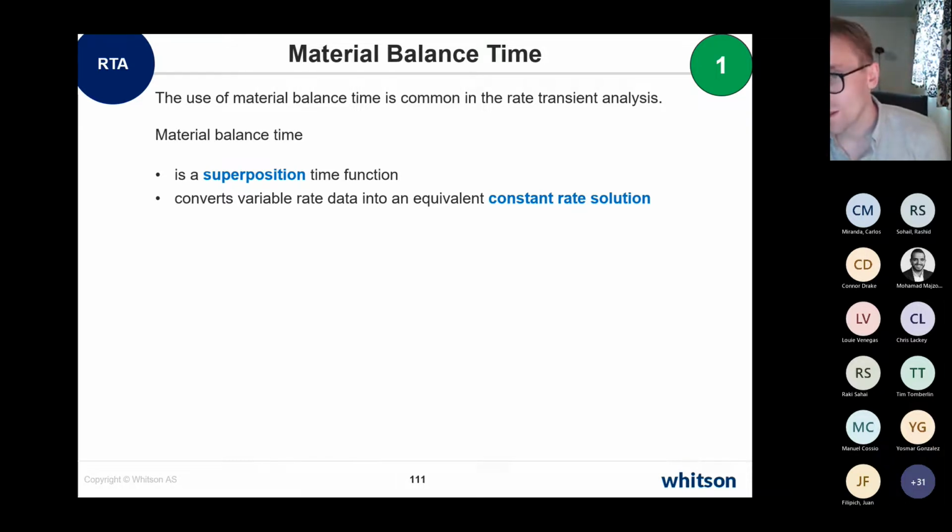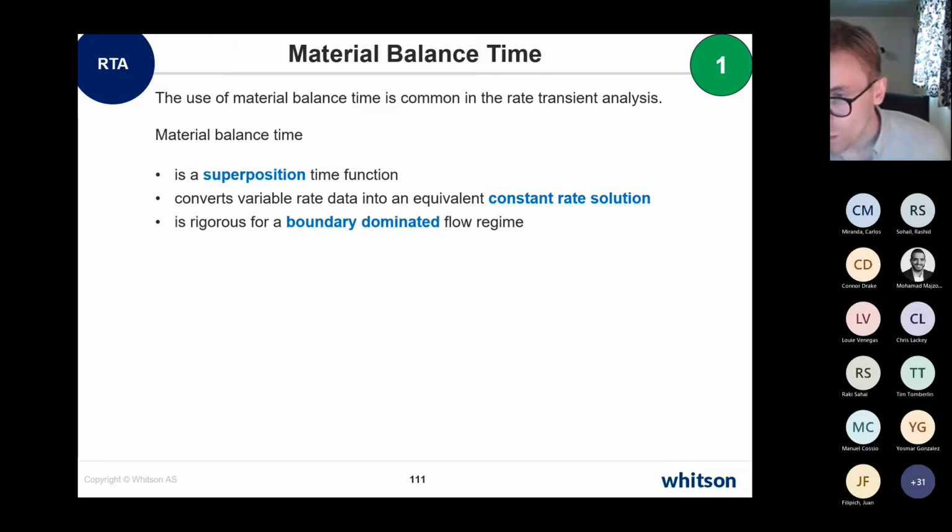So what does that mean? Well, it means that, at least in ideal conditions, we can use the constant rate solution equations to back out reservoir parameters. And that's what we're going to show here. That's what is discussed in our manual, etc. It's rigorously derived for boundary dominated flow.